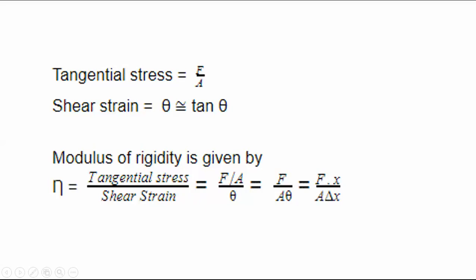We know that theta is, let us say, delta x by x. In the previous diagram, I have explained it. x is the height here, small x, and delta x is the movement of the uppermost surface, which is caused due to shear.